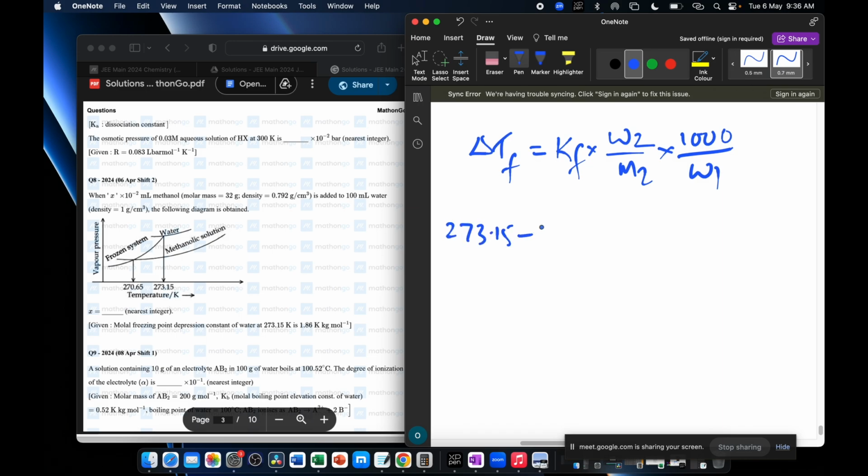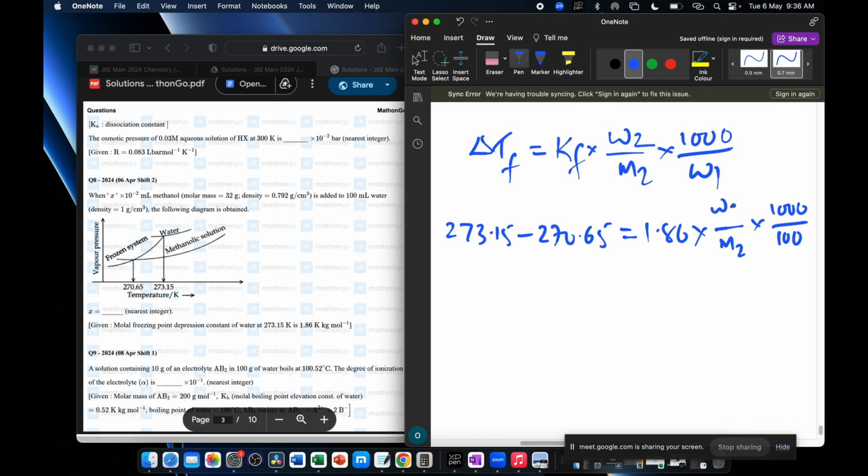273.15 minus 270.65 equals. Kf is also given, how much is it? 1.86. W2 is indirectly given. We are asked to calculate M2. So 1000 by W1. W1 is what? In 100 ml of water, 100 ml of water, water density means 100 grams.